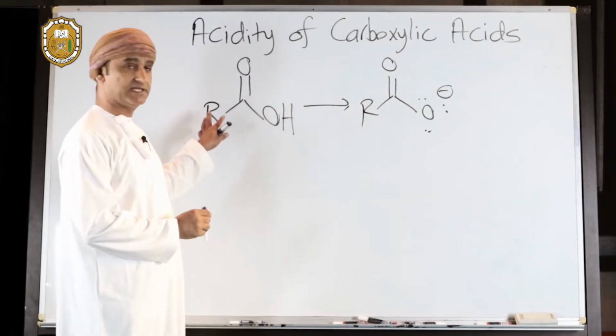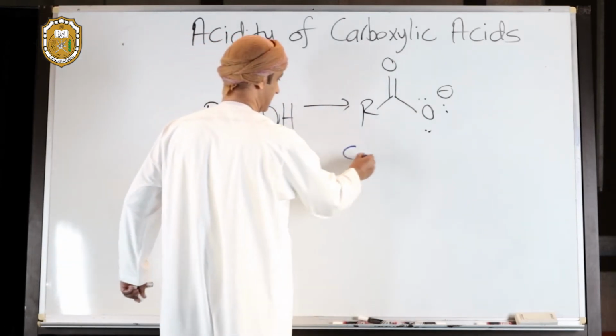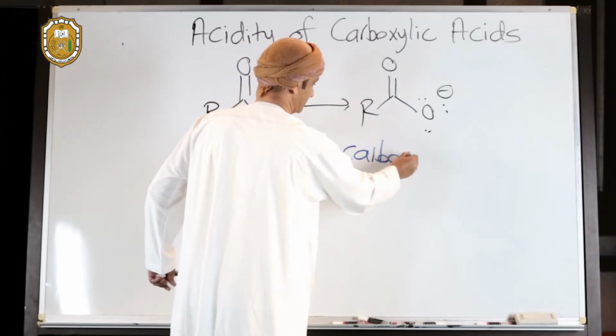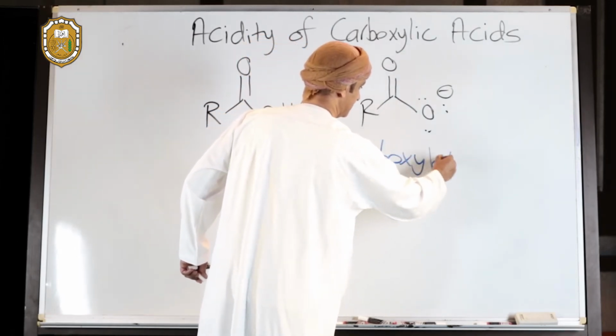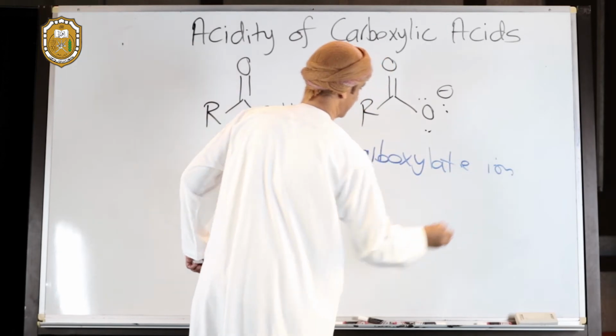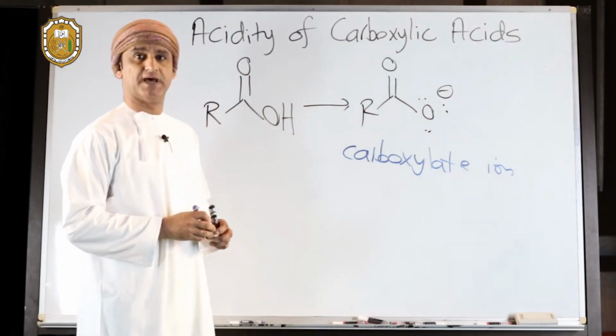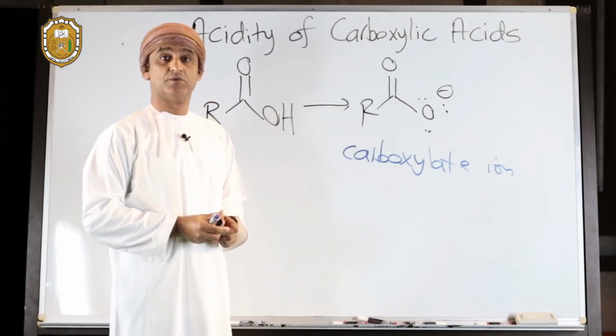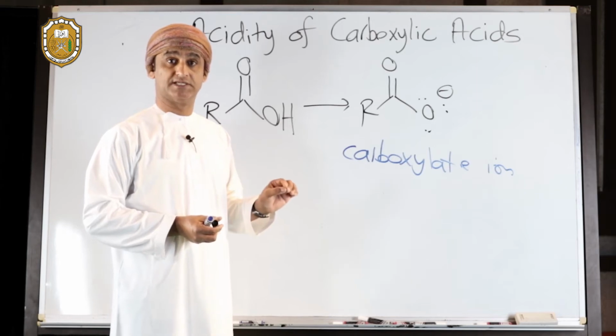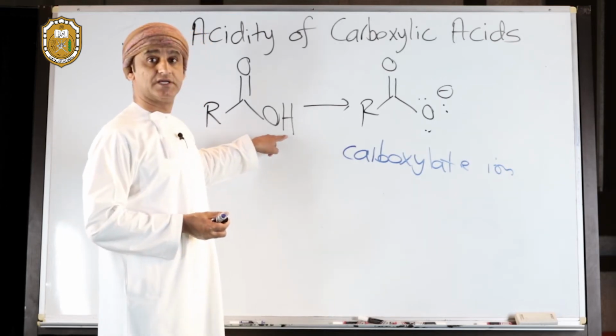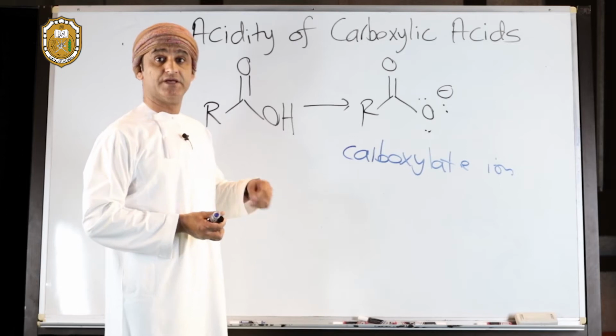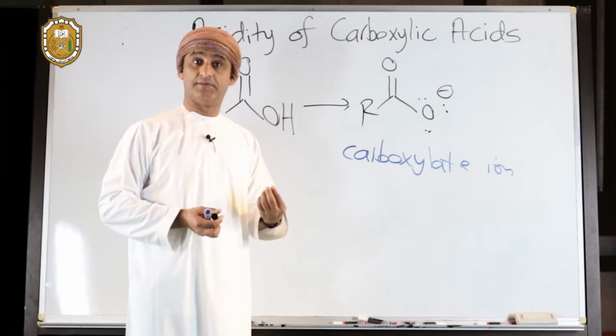So this is a carboxylic acid, this is a carboxylate. The carboxylate ions are conjugate bases of carboxylic acids, formed when carboxylic acids lose this hydrogen in the form of a proton to a base.